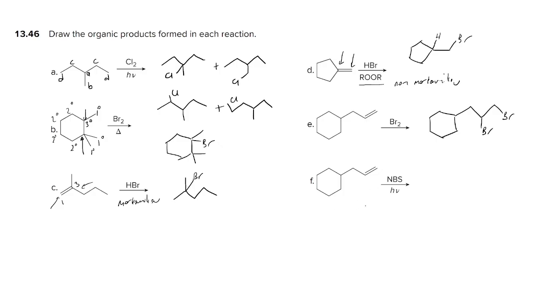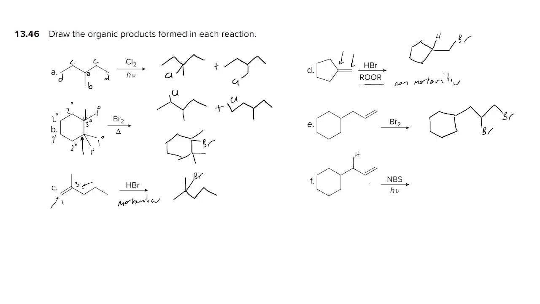And we know that when we have an alkene and when we have NBS and light, the bromination will take place at the allylic position. So this is the allylic position, this is the allylic hydrogen.